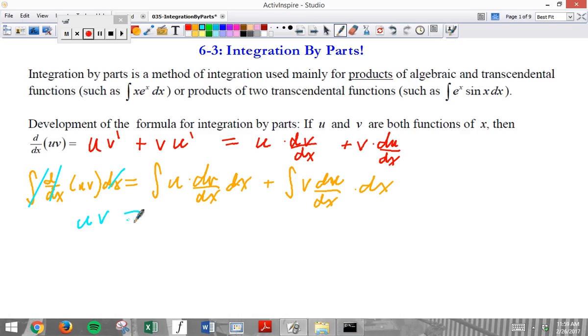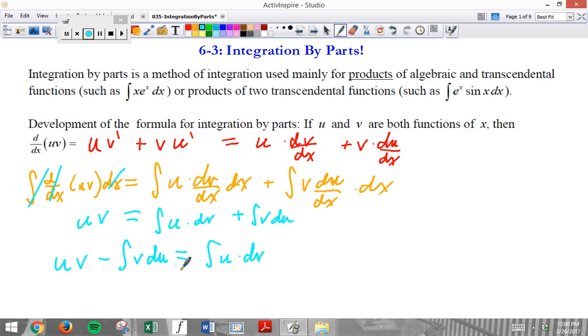That always happens when I first boot up the computer. I'm sorry. U dv plus the integral of v du. So what we've effectively shown is that u times v minus the integral of v du is the integral of u dv.